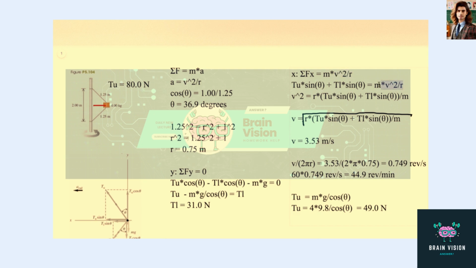And now, let's take a look at our equation in the x direction. So we would have this equation, except again, TL is equal to 0. So we can just get rid of that again. We now have TU is 49. So we can plug this in. We again know that m is equal to 4. We know that our r is equal to 0.75, and our theta is 36.9.